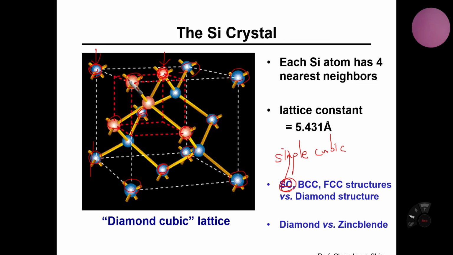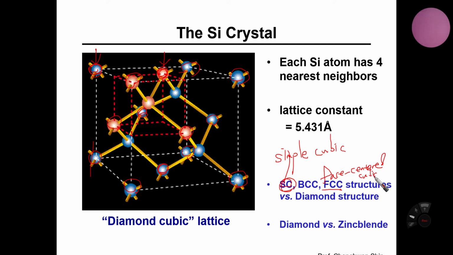What if this type of unit cell is the basic unit to build up the whole bunch of material system? Then we can say that this material is based on a face-centered cubic structure.